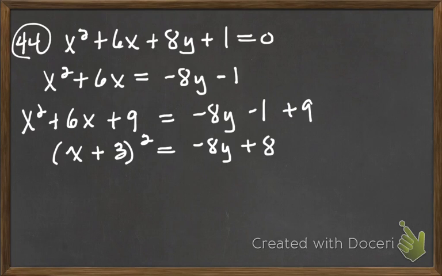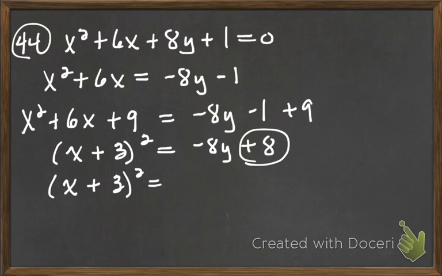And here's the part that a lot of people forget. If you have a number being added or subtracted to your variable that is not squared, then you have an extra step. And that extra step is to factor out whatever is in front of your variable. So you'll have to factor out a -8.